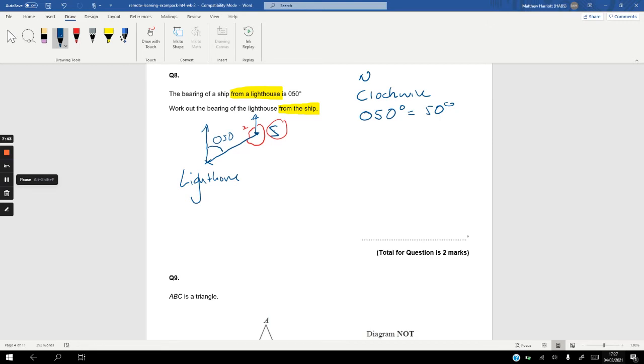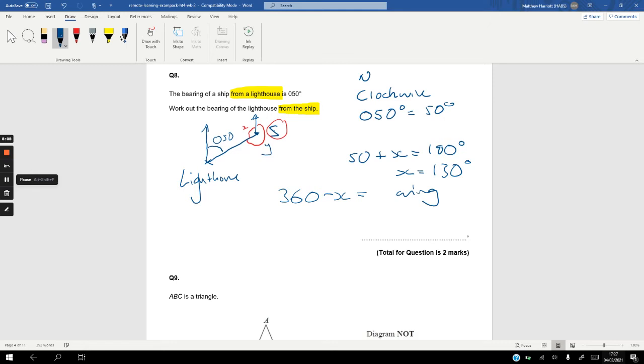Here's where I know that 50 degrees plus X needs to equal 180 degrees. And so X, and that's because of co-interior angles, equals 130 degrees. 360 minus X equals the bearing.